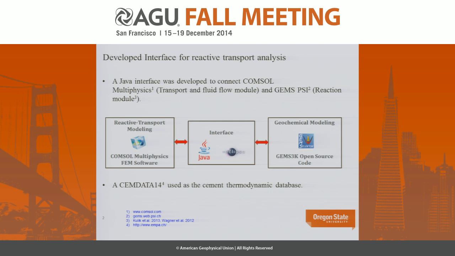We connect these two software through the diagram that is schematically shown here. Also, to account for the degradation of cement-based materials, we needed a thermodynamic database covering a high range of temperatures. We used CEMDATA 2014 from the MPA group, which covers temperatures up to 100 degrees centigrade.